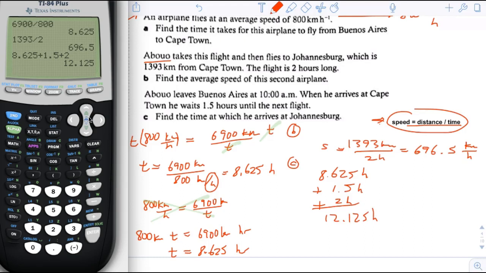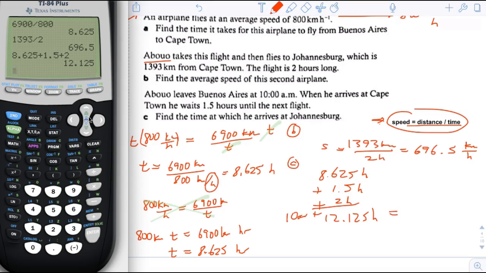And they want to know what time he gets to Johannesburg if he leaves at 10 a.m. in Buenos Aires. And so basically what we do is we take 10 a.m. and we add it to 12.125 hours.